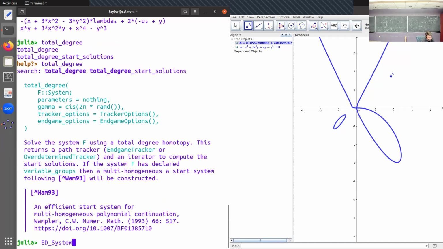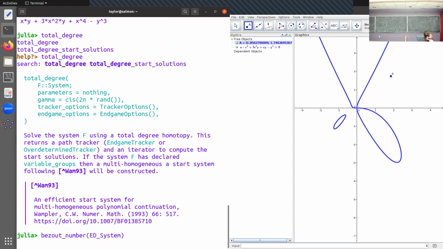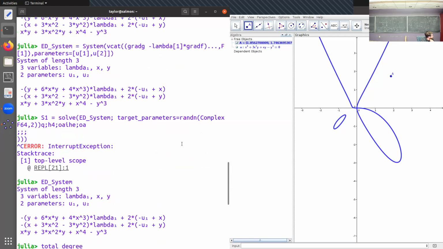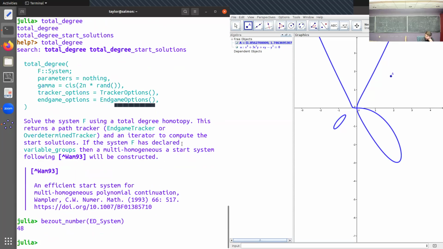So that's the Bézier number of the ED system, I think. Let's check. Check if you can even do this for parameterized systems or not. Yeah, 48. Great. How about the BKK bound for this system?